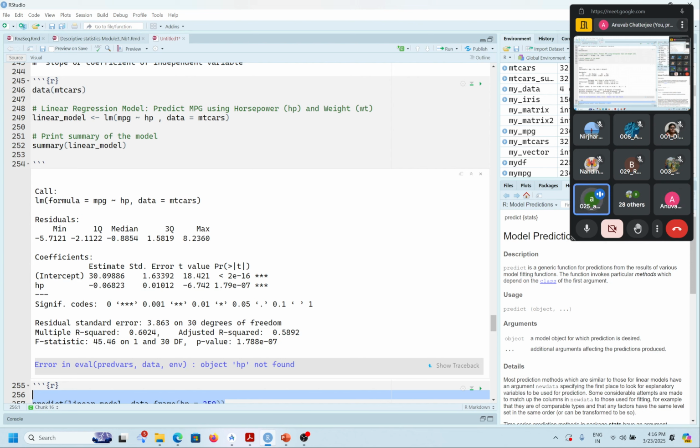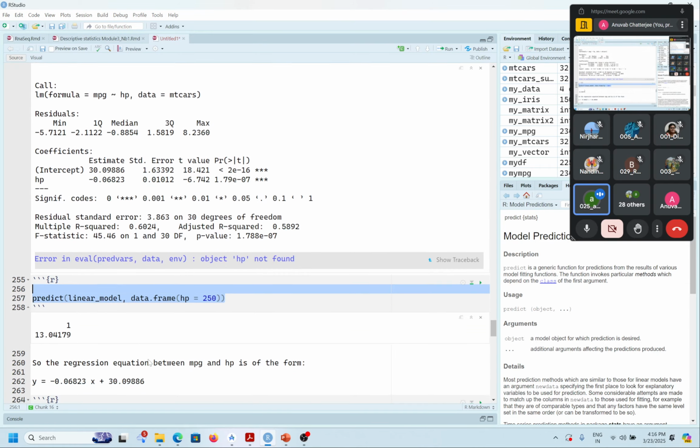Predict followed by the linear model that you have generated, then a data frame which has your HP value that you want to use to predict.